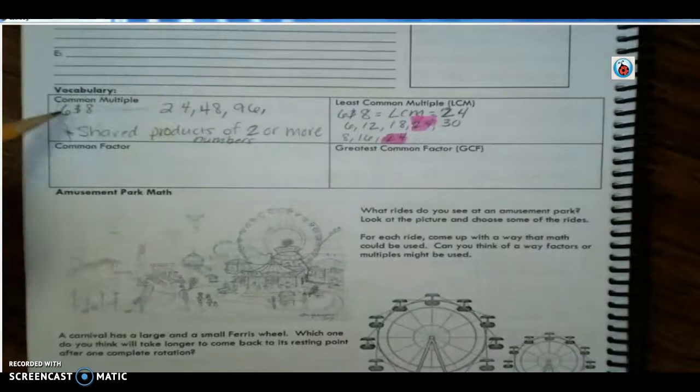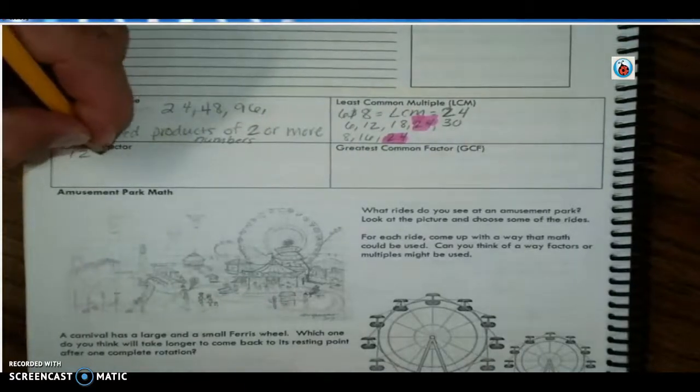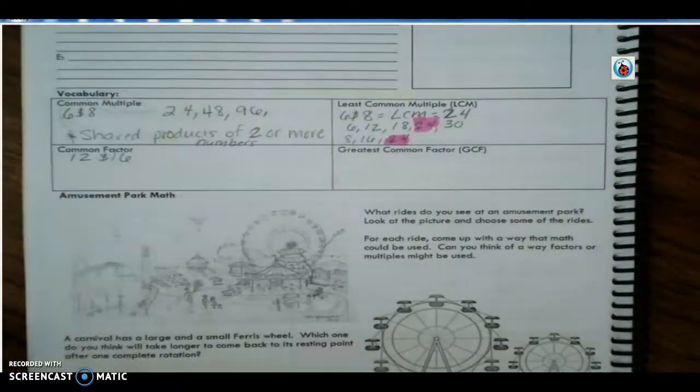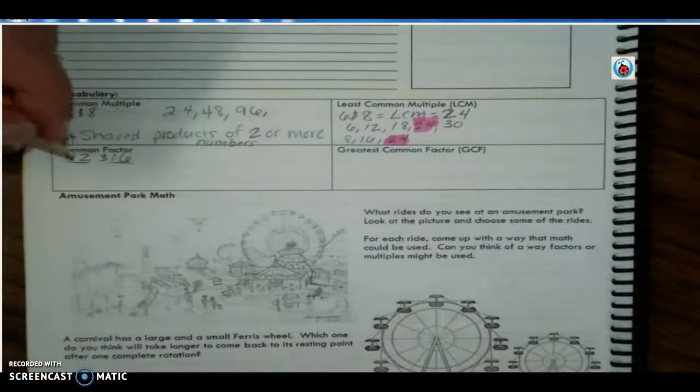Okay, so then what is a common factor? Well, factors, right, are like 6 and 8. Factors are what we multiply together to get products. So what is a common factor? Again, for thinking about common factors, I'm going to use the numbers 12 and 16. And I'm going to think about all the numbers that are multiplied together to get my numbers 12 and 16.